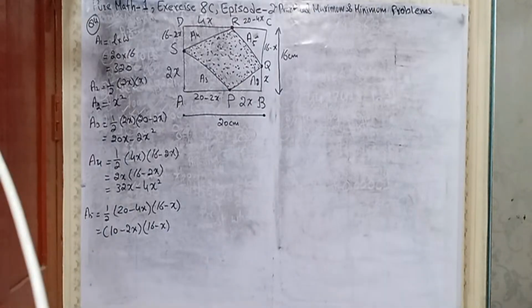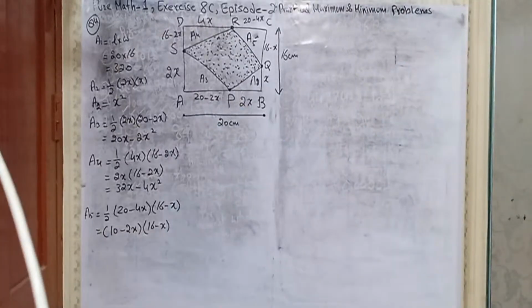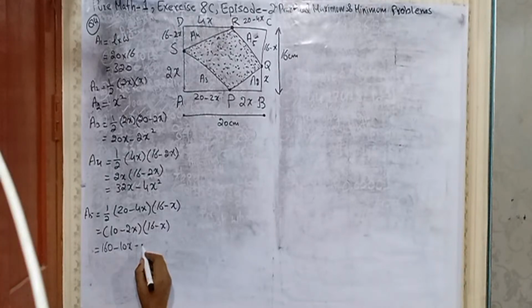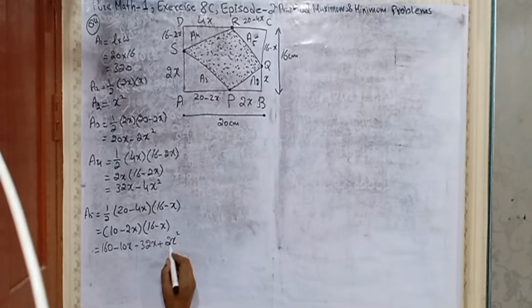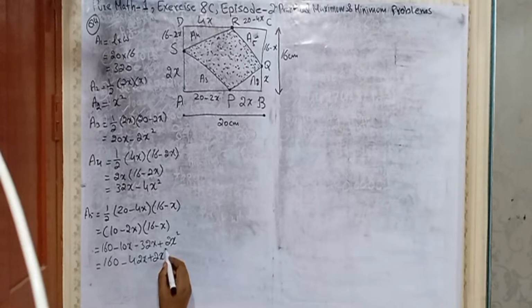We can further simplify that. Okay, so if I will multiply both these brackets, you see, this will be 160 minus 10x minus 32x plus 2x square. So this will be 160. This will become 42x plus 2x square.